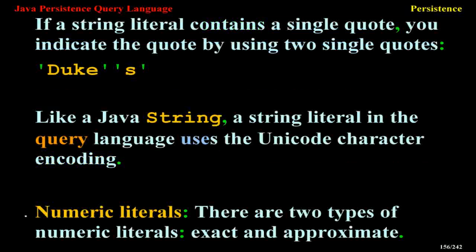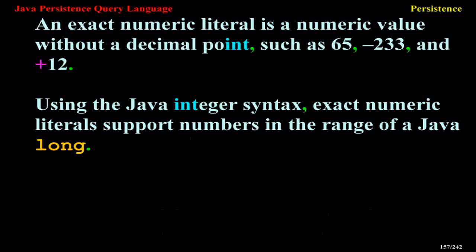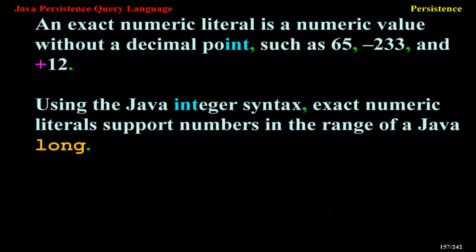Numeric literals. There are 2 types of numeric literals: exact and approximate. An exact numeric literal is a numeric value without a decimal point, such as 65, -233, and +12. Using the Java integer syntax, exact numeric literals support numbers in the range of a Java long.